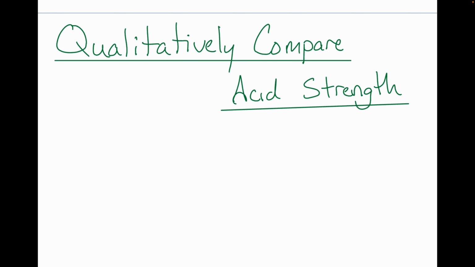All right, so by qualitatively comparing acid strength, I mean looking only at our structure. We want to be able to look at the structure of a molecule and say, yeah, I know that's a good acid compared to this one.